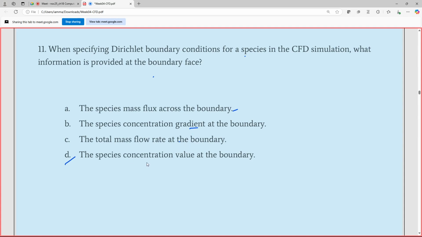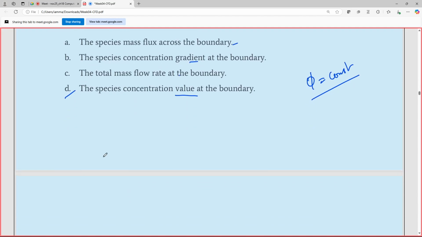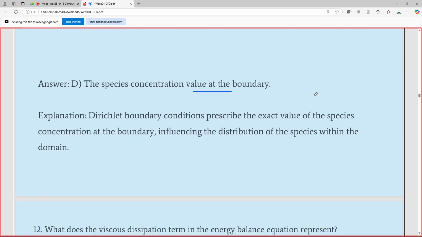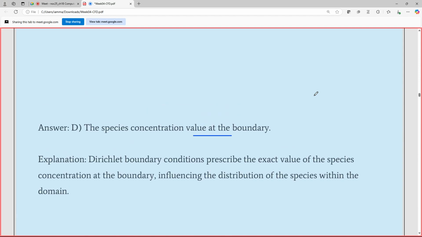Only a concentration value, if we are assigning phi equal to constant at the entry, such boundary conditions are called Dirichlet boundary conditions. So option D, the species concentration value at the boundary, is the Dirichlet boundary condition we can prescribe for species concentration at the boundary.